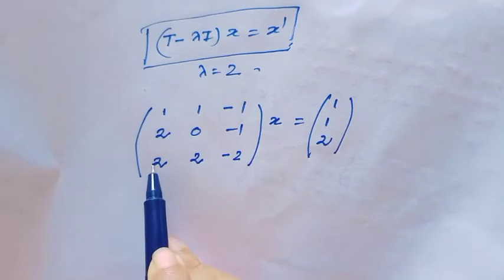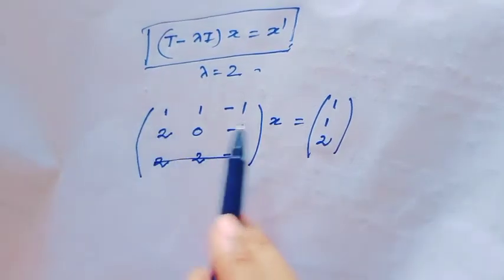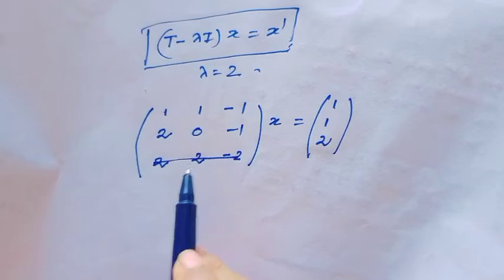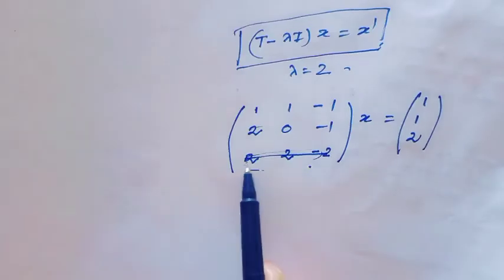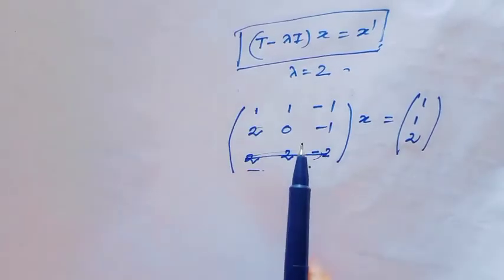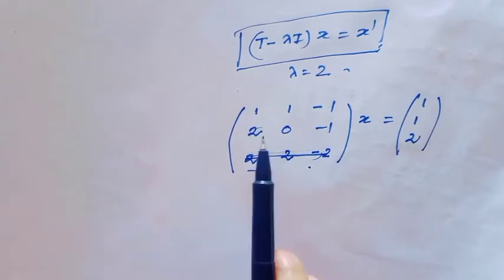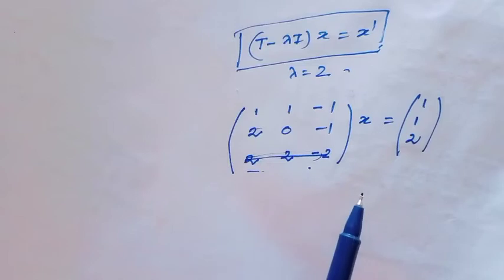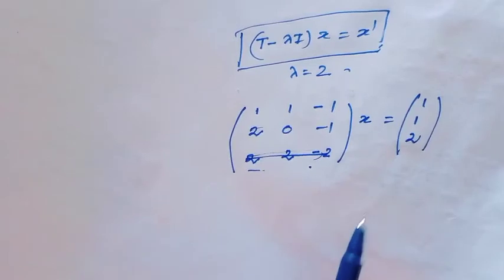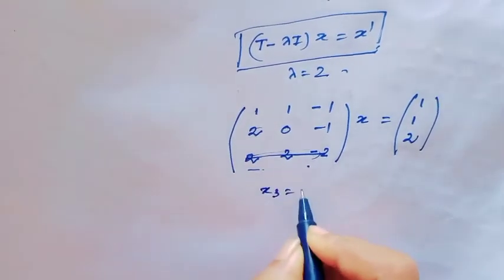And notice this row is a multiple of the first row, so this row would be 0. Yes, this row is 0. So this is actually 3 unknowns and 2 equations. So, obviously, x3 equal to 0.